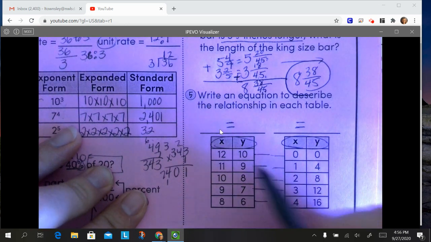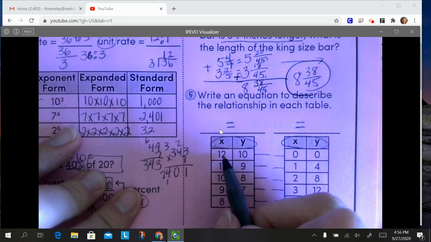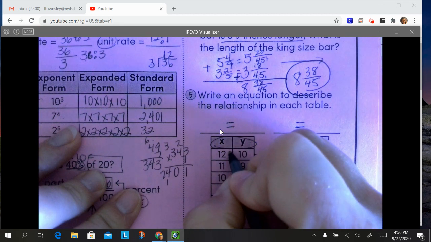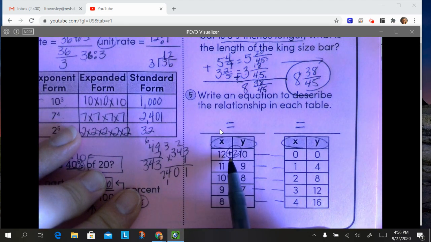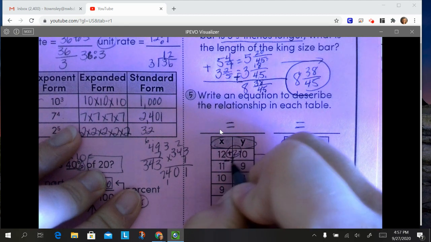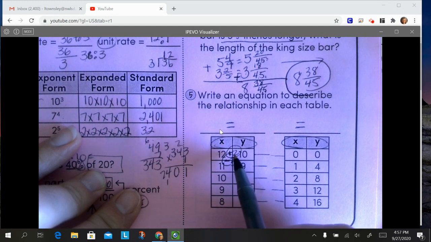All right, so X and Y here, it looks like the secret to love could be plus 2? Well, let's see, it's going up, or it could be down, so it could be 2 either way. So it looks like the relationship between Y and X is adding 2, but X and Y is subtracting 2.